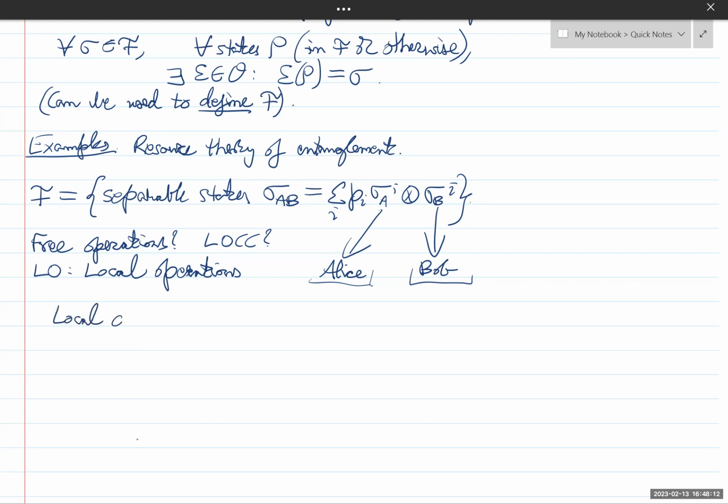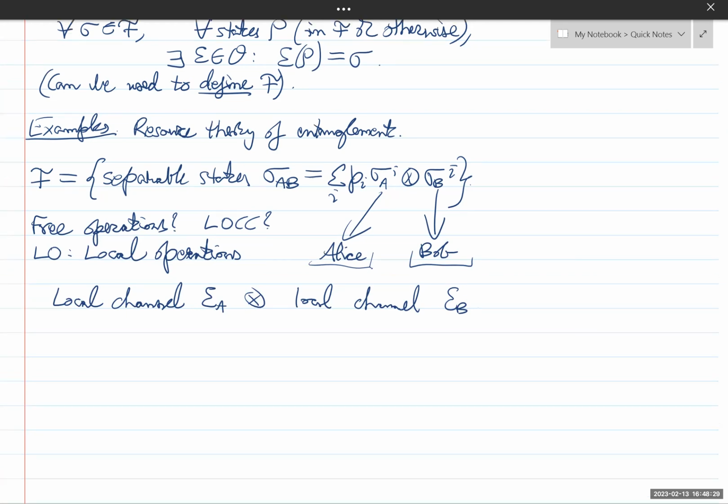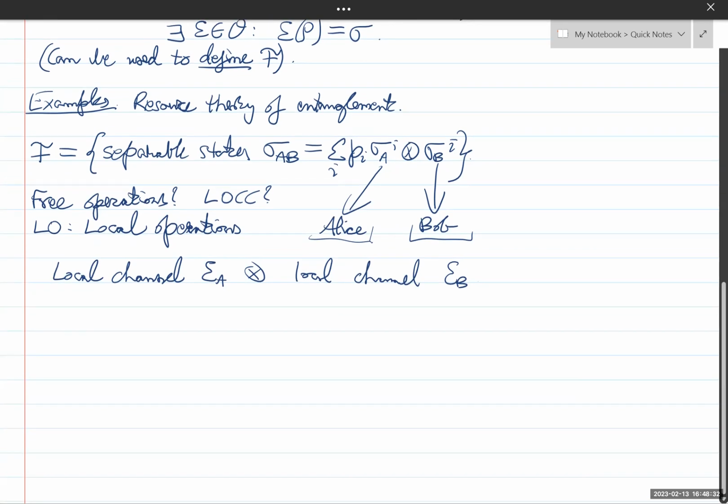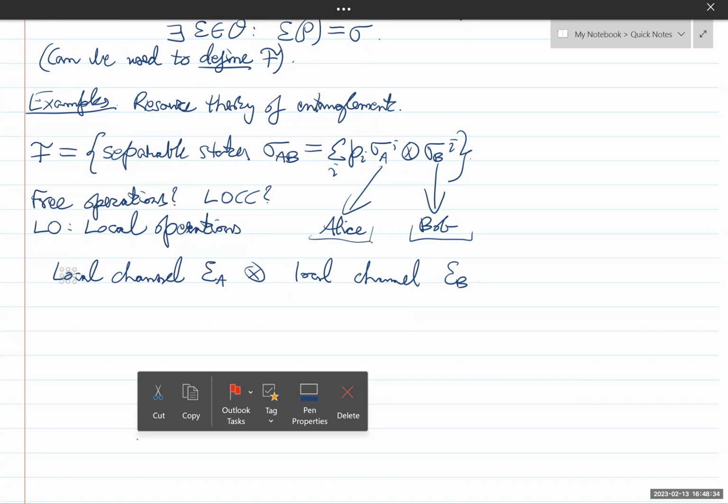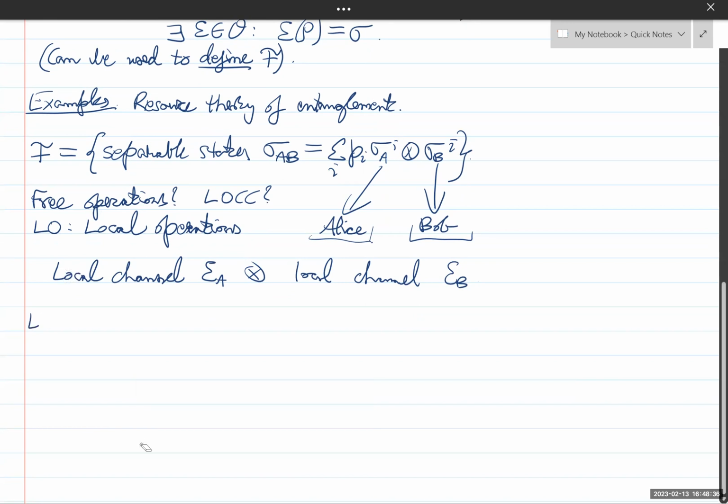But local operations, broadly speaking, look like a local channel E_A and a local channel E_B, at least if you think of channels for the moment to keep things simple. So LOCC, what's CC? CC refers to classical communication.